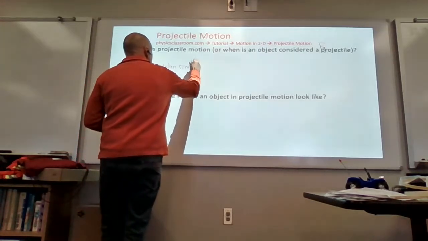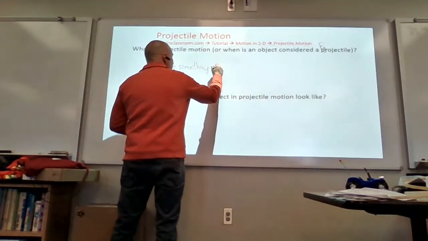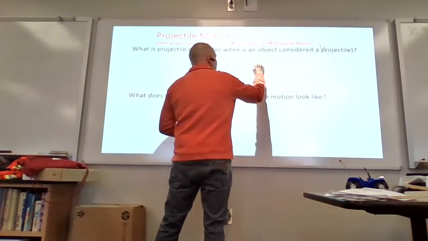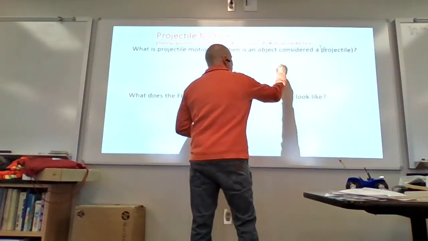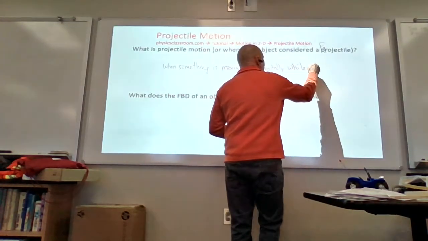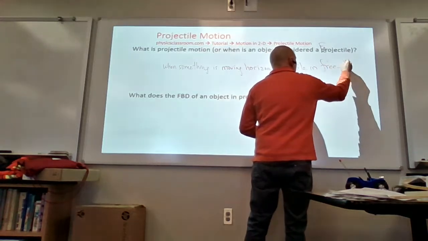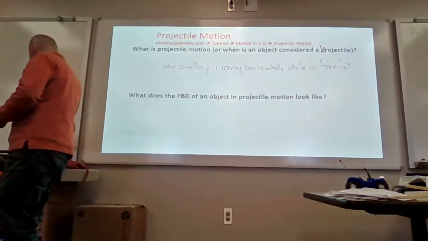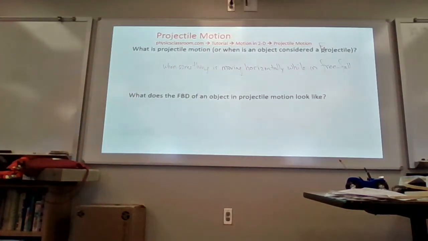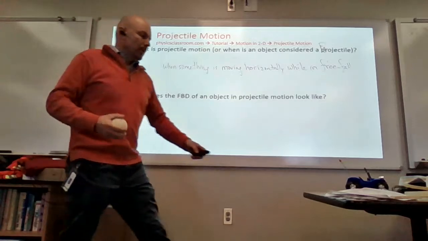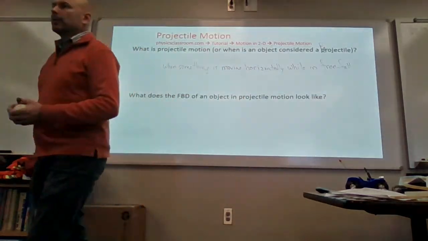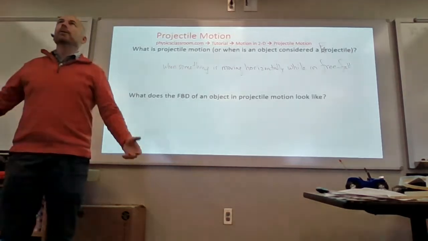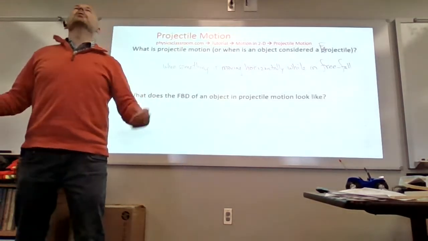When something is moving horizontally while in free fall. So, projectile motion is when something is moving horizontally while in free fall. This would be an example of projectile motion.